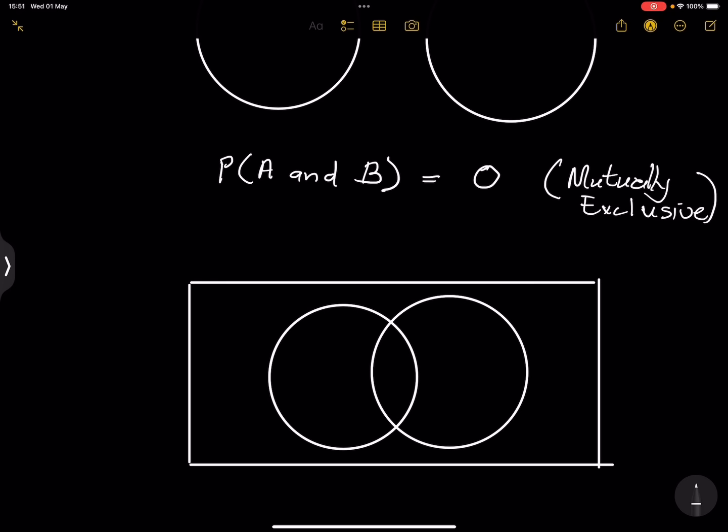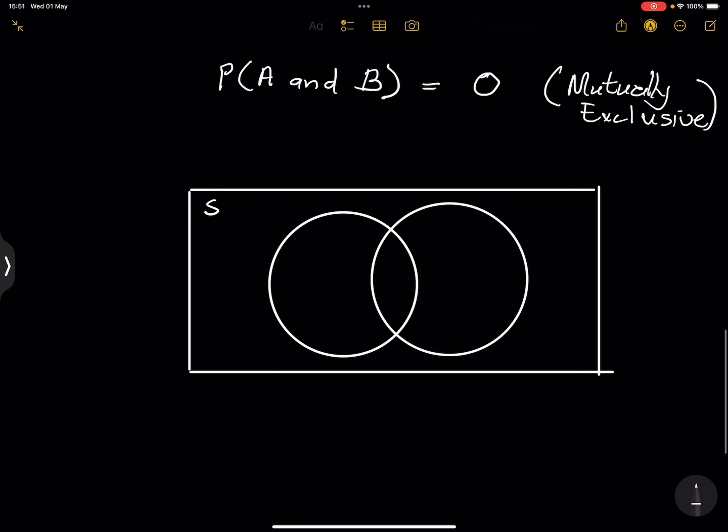This is my entire sample space. Now, please listen very carefully. If I talk about the probability of A, say this is my A element and this is my B element. This is another event, right?